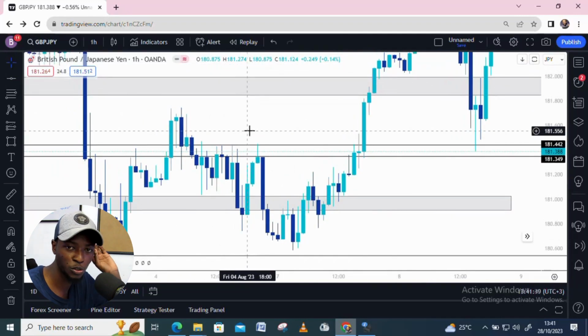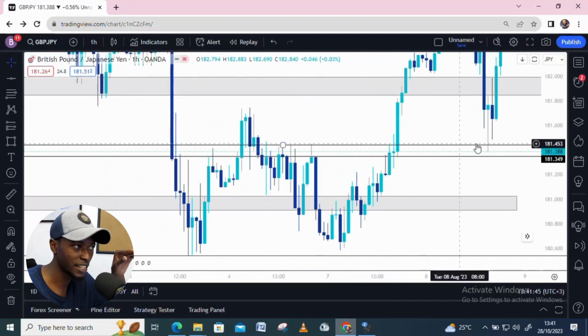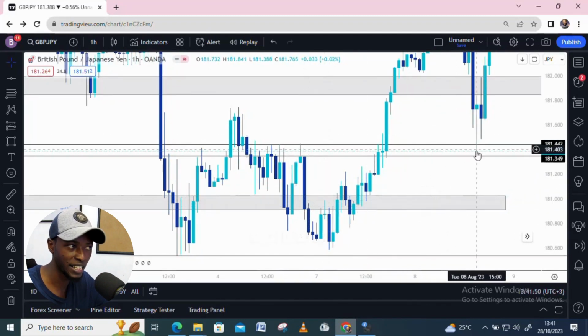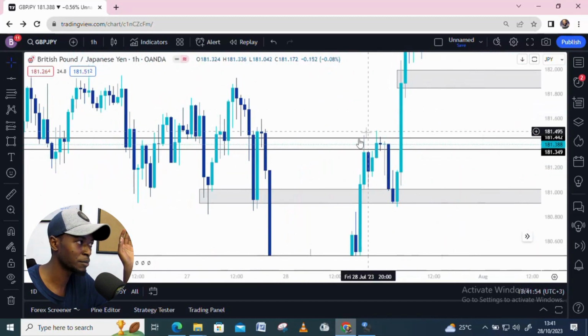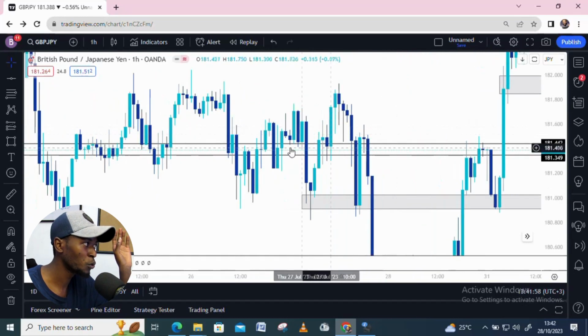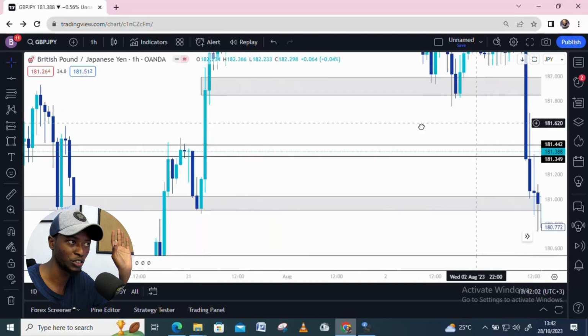So in order to know if your support is valid, you have to look for touches on that zone. So this we have identified because of the touches, this because of the wicks. So moving right, we find that price is bouncing off 1, 2, 3, 4 times. So this qualifies to be a solid support zone.